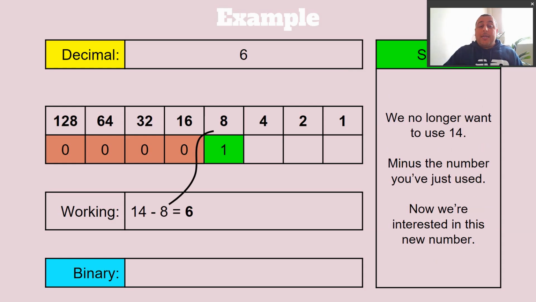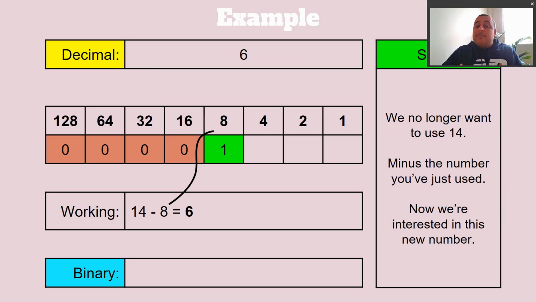In our working out, we need to do whatever our target was, which was 14, and then take away 8. So take away that number where we've written a 1. That column where we've written a 1, that's the number that we take away from our target. So we've gone from 14 minus 8 to 6.